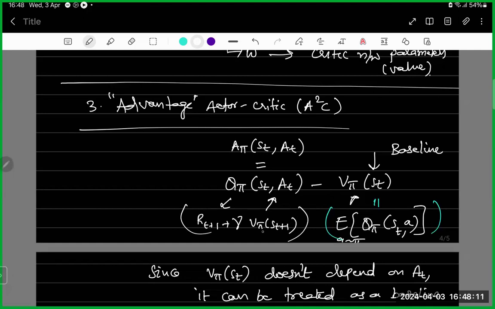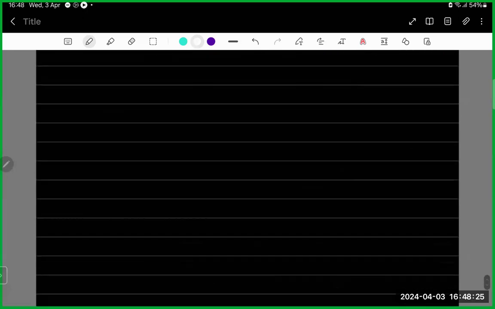So based on this concept, you can use only one network as well, which is maintaining VPy. Okay.